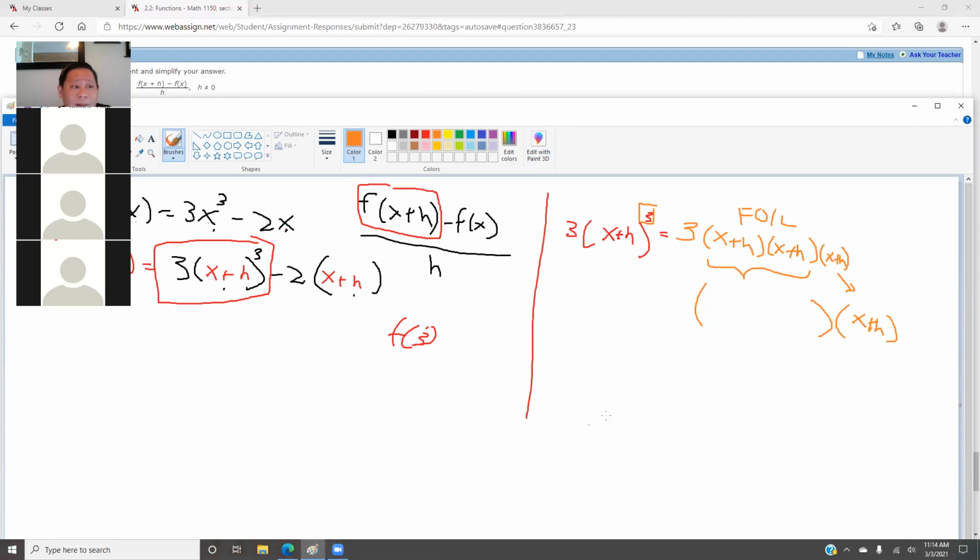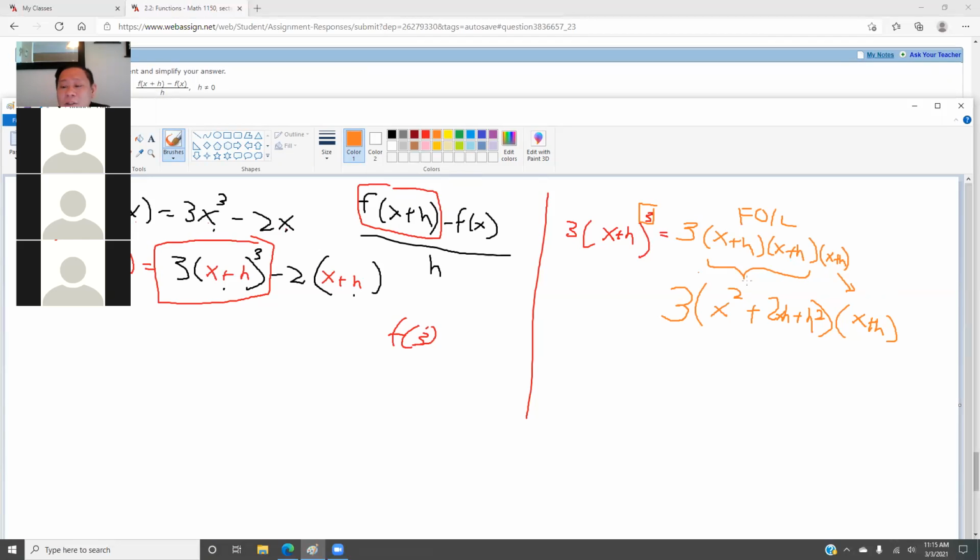Is it x squared plus h squared plus 2xh? Yep, so x squared plus 2xh plus h squared, right? If you don't know how to FOIL this, you are not in my class. You need to go and review.